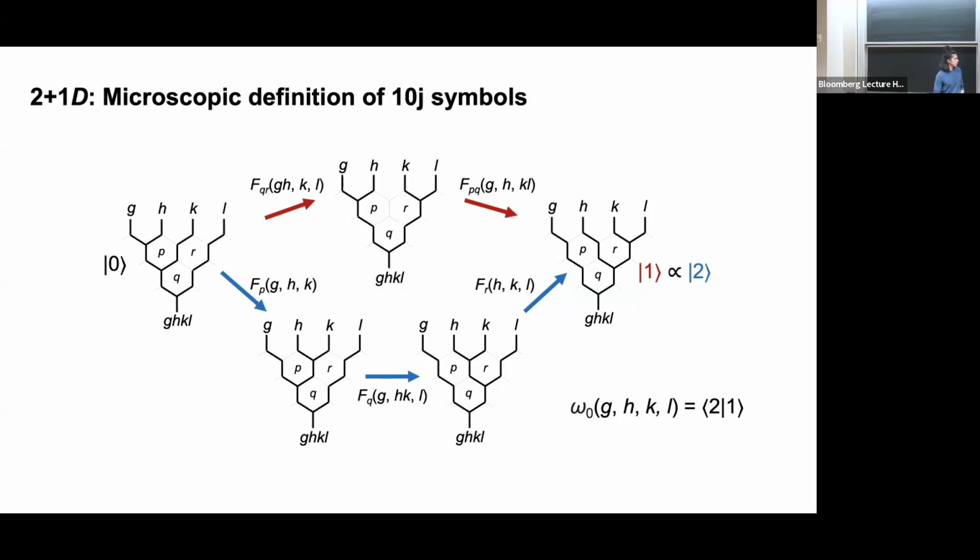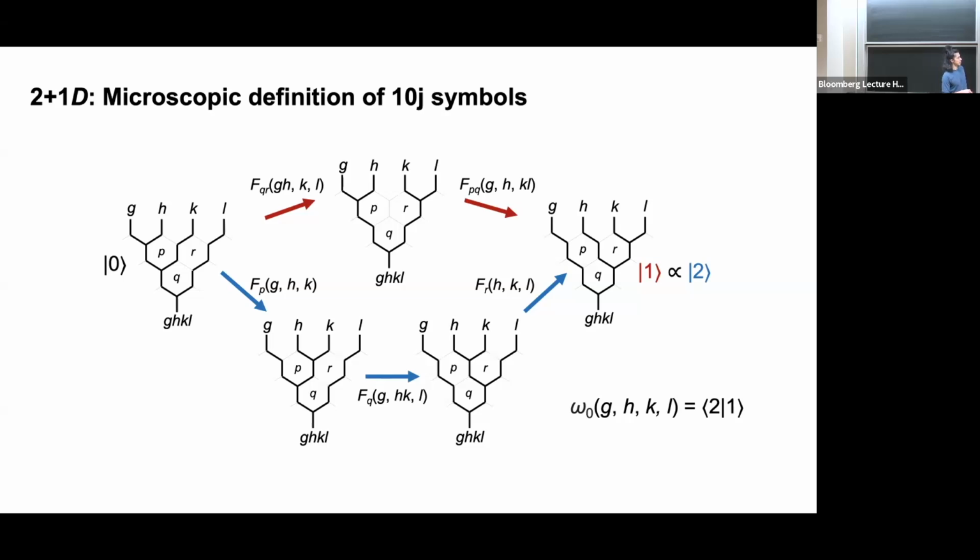Okay, so to proceed, we define this bare omega symbol, omega naught, in an analogous way. We start with this state 0, which has this particular domain wall configuration, and then we define two states, 1 and 2, which are the same up to a phase.